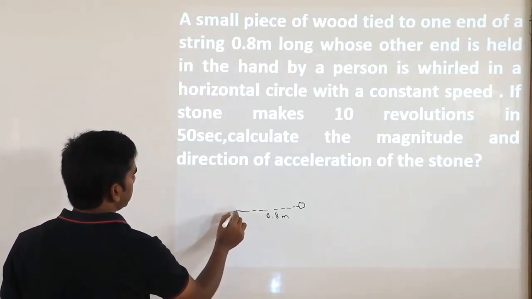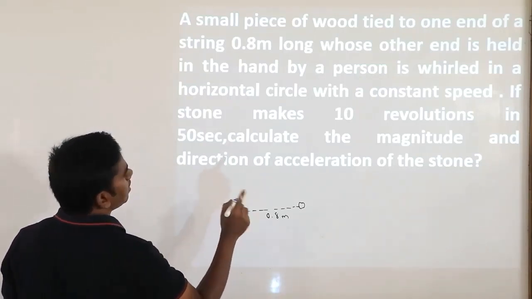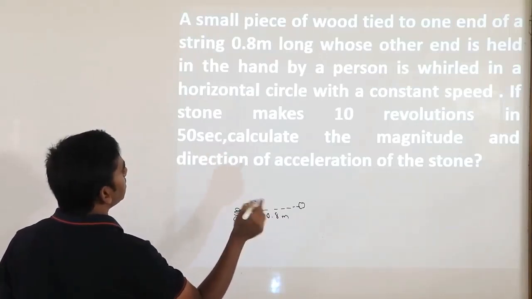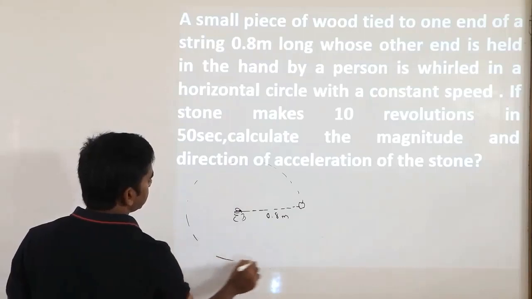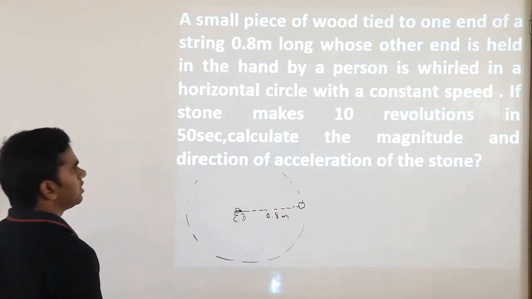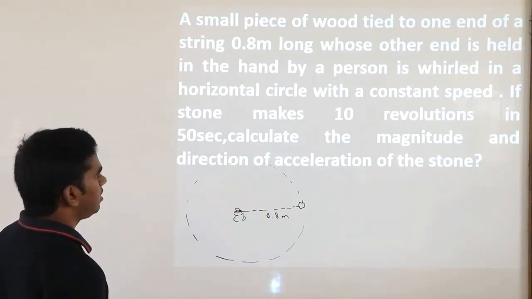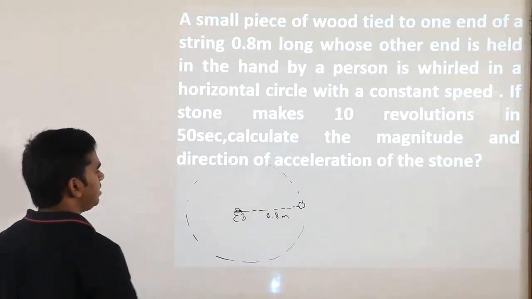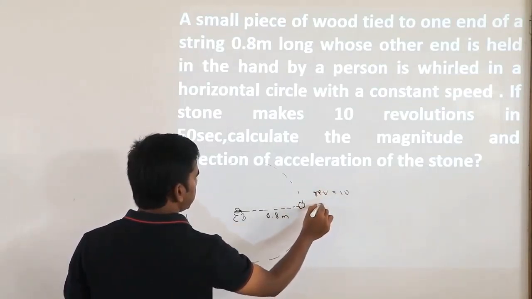The person whirls it in a horizontal circle with a constant speed. The stone makes 10 revolutions in 50 seconds.